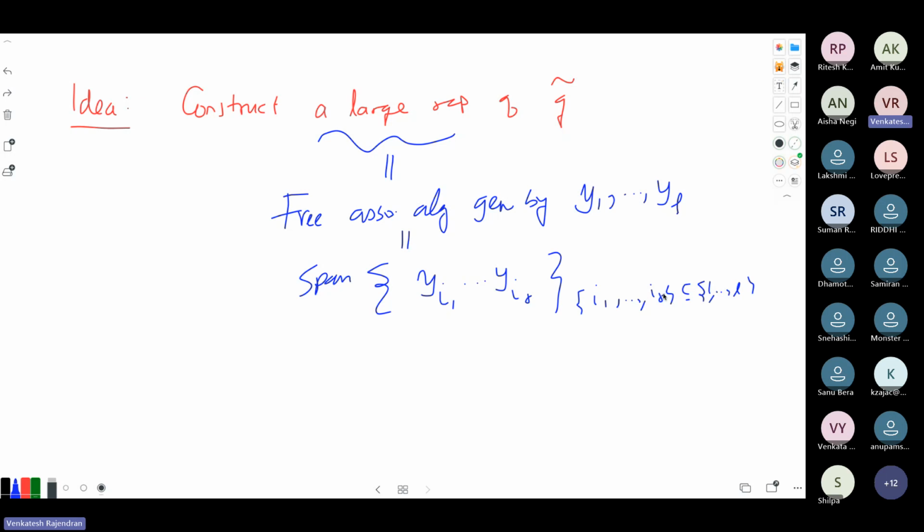So once you construct this, you can see the motivation: where does this representation come from?